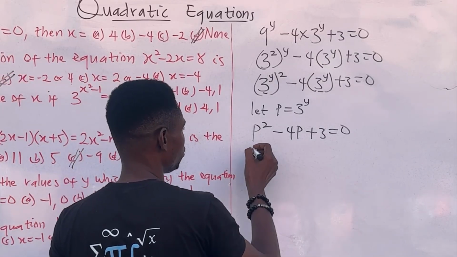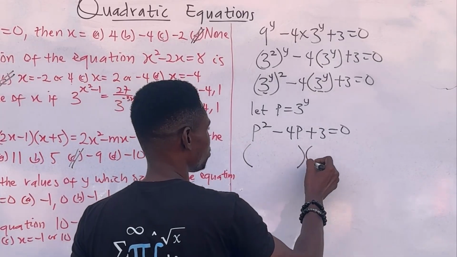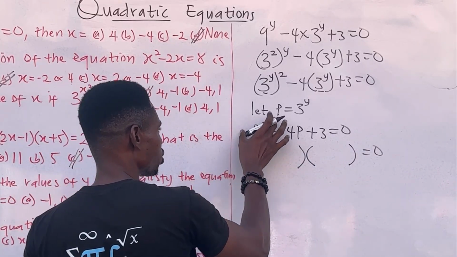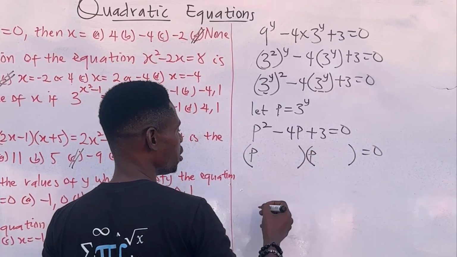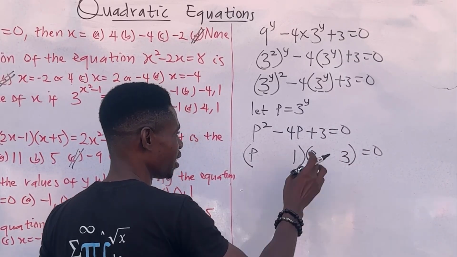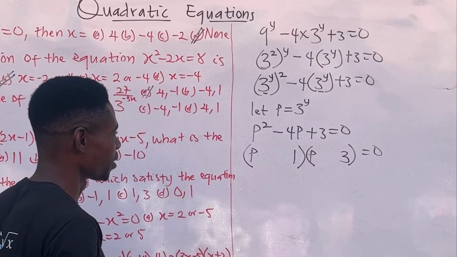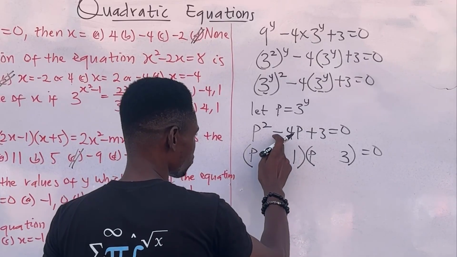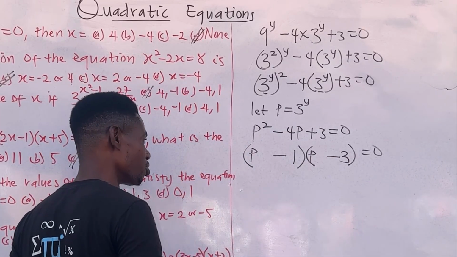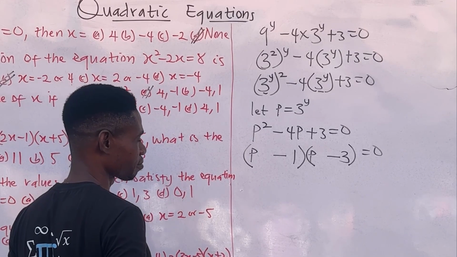Okay, so we factorize. p squared is obviously p multiplied by p. And 3 is only 1 multiplied by 3, 3 is a prime number. Now we need minus 4, so minus 1 minus 3 will give us minus 4. So this one is even straightforward.